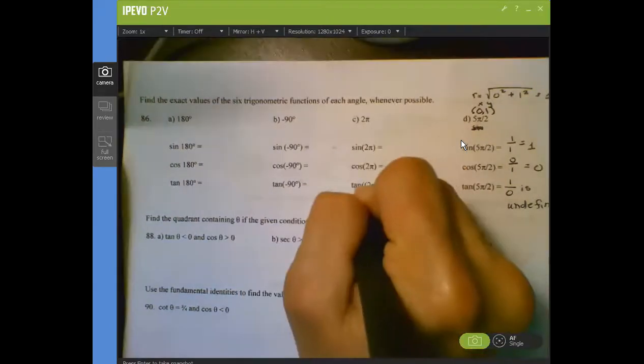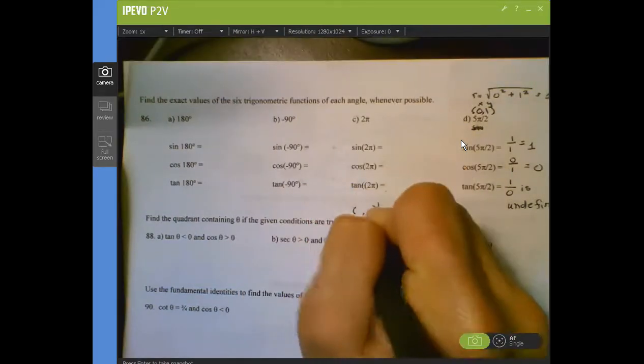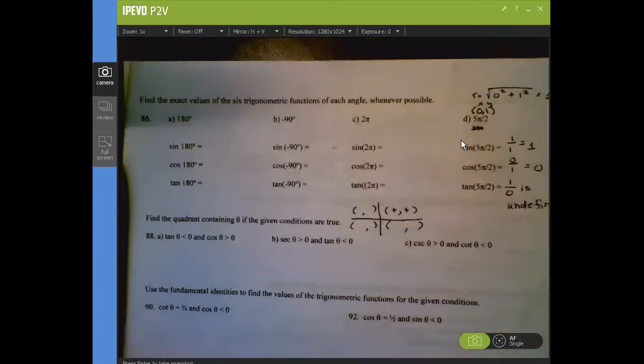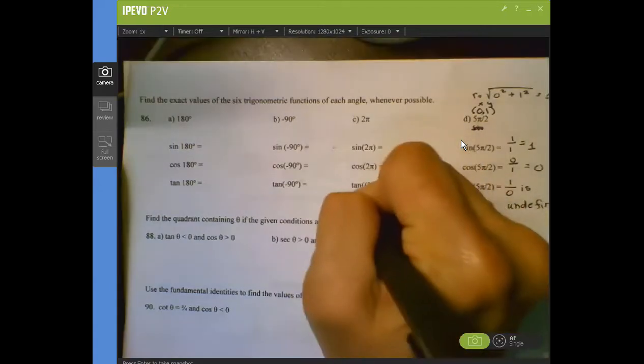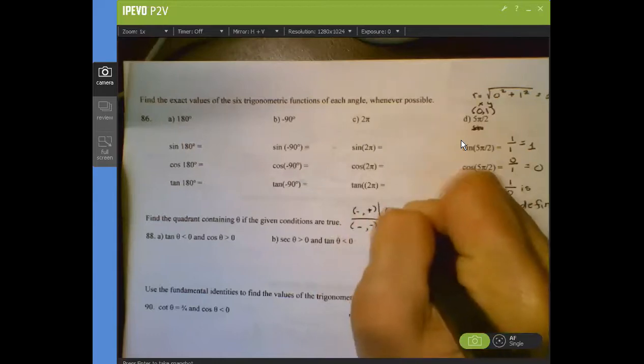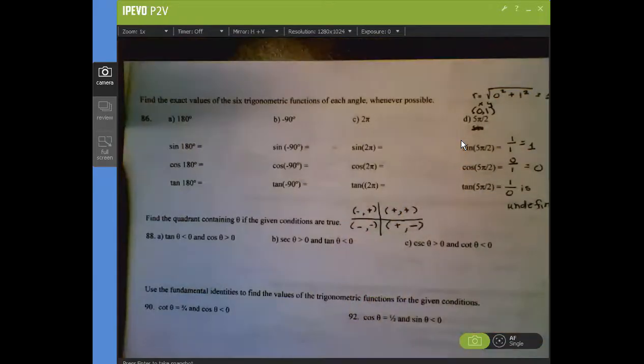Go ahead and label the sign of the coordinates in the other 3 quadrants. That's what you should have.